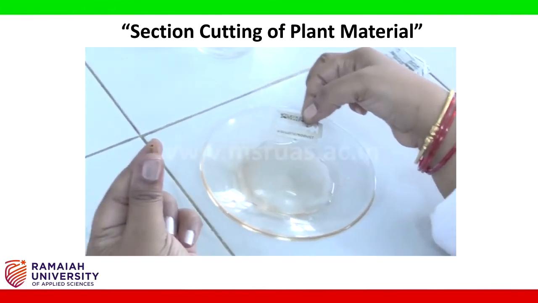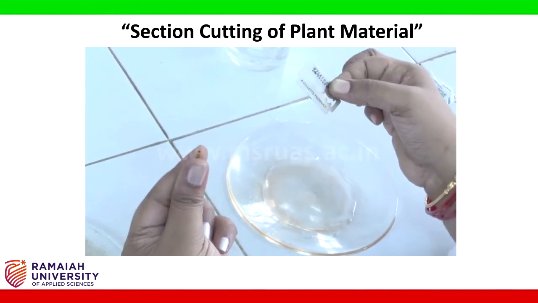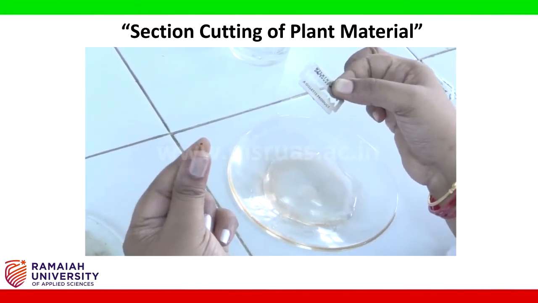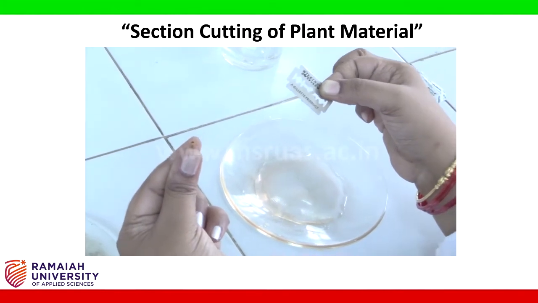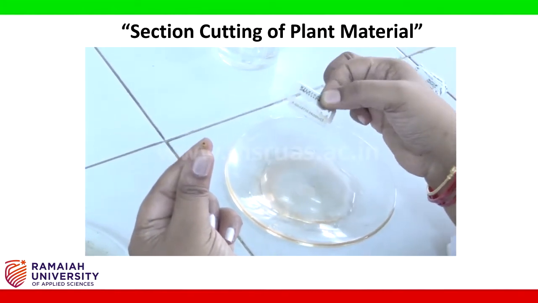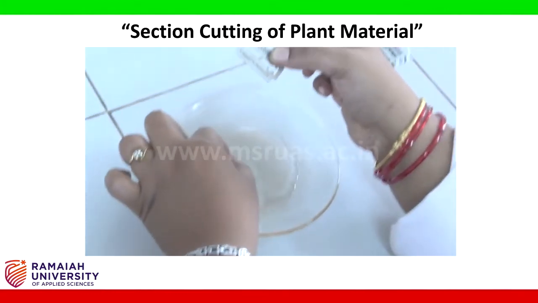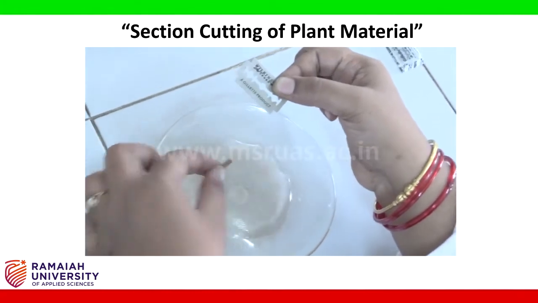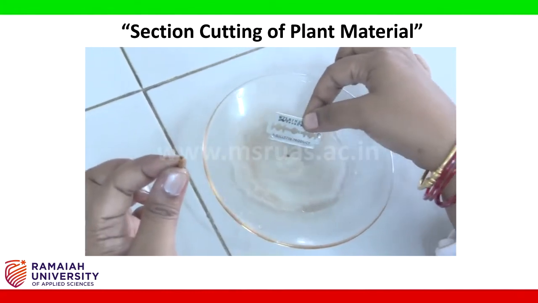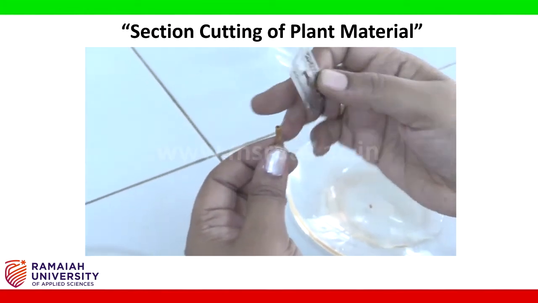The reason is, if you take section using a dry razor, there will be a chance of entrapment of air bubbles into the section, which is difficult to remove later. That's why each time you take section, both the material and the blade should be dipped in water.